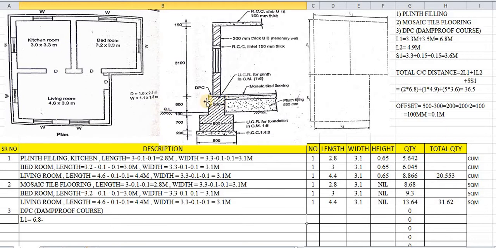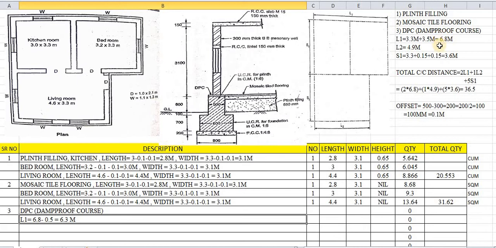The width of section is this width, 500, which is 0.5 meters. So 6.8 minus 0.5 comes to 6.3, so 6.3 meters is L1.